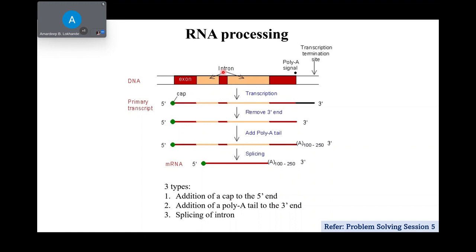So in place of several T's, you add A. You have this poly A chain on the mRNA, and that gives a transcription termination site. Right before the termination, you have the poly A signal. That is the cue for termination. So these are what give the termination signal for transcription, which is then taken to translation.